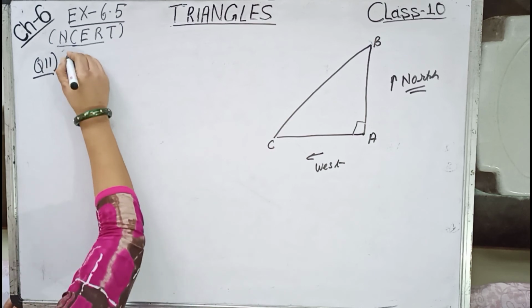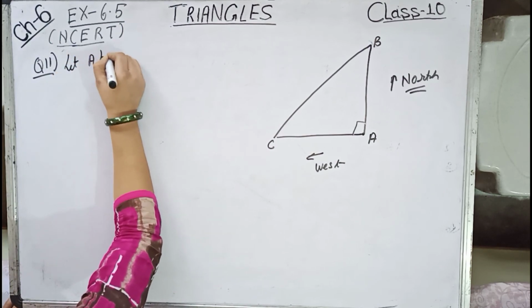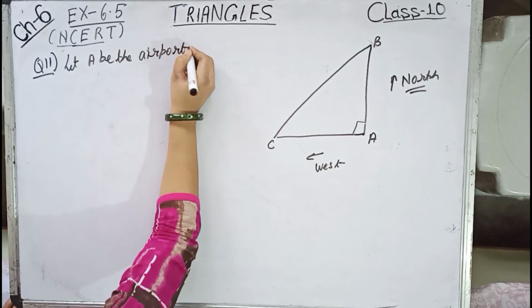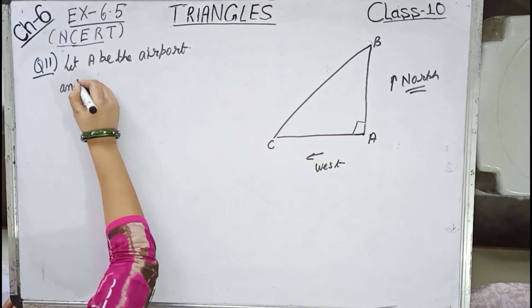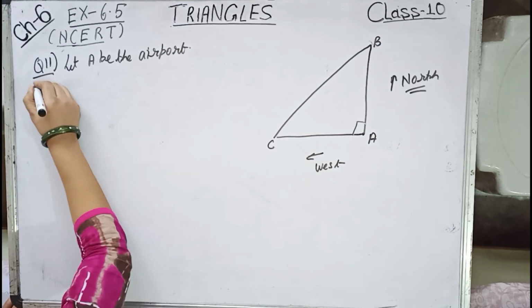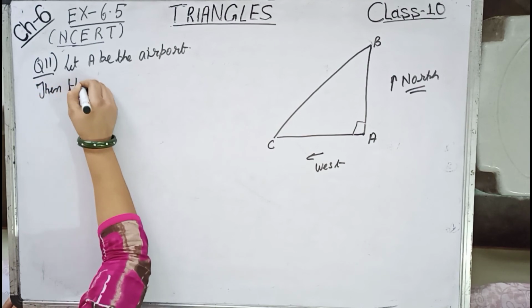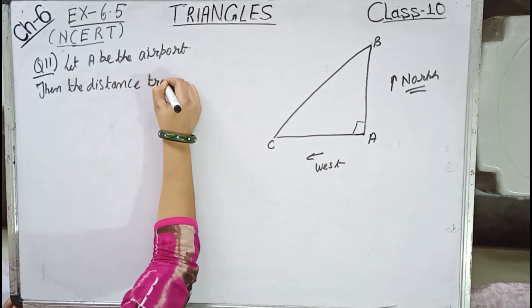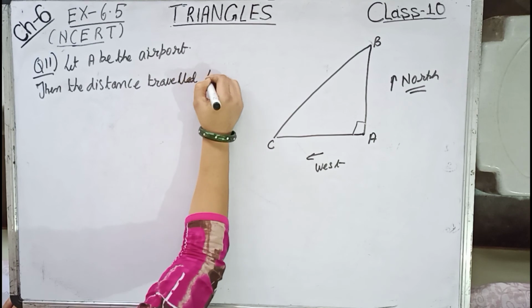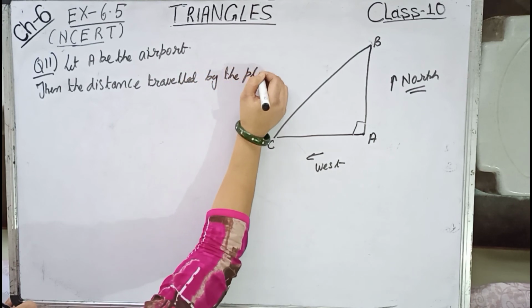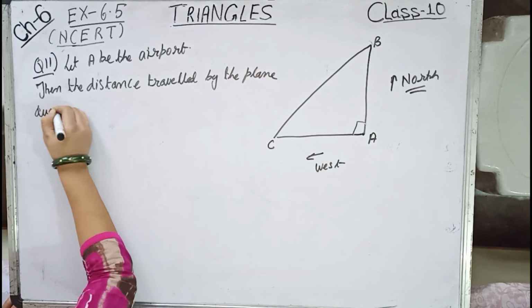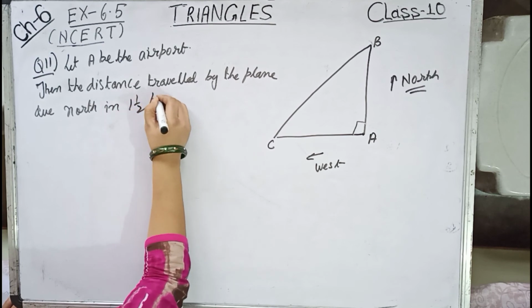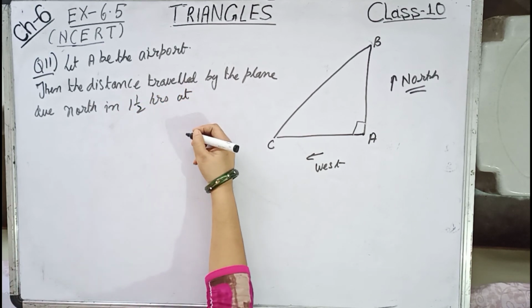So let us start. Let A be the airport. Then the distance traveled by the plane due north in 1.5 hours at, what was the speed?